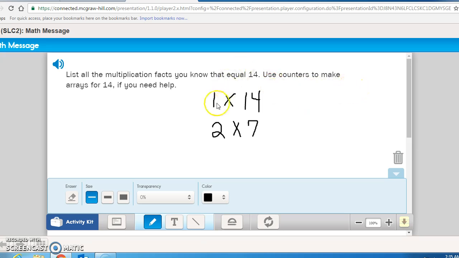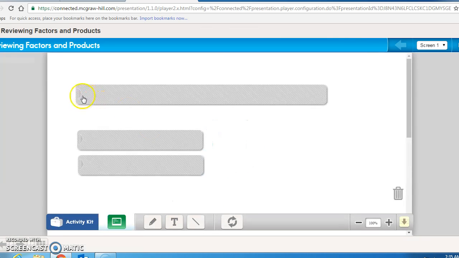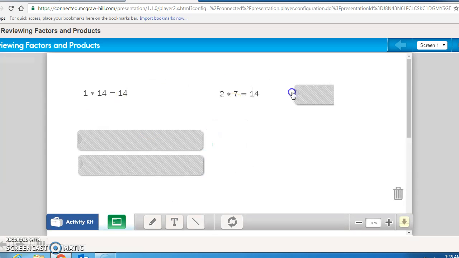Remember, the 2 numbers that we use to get 14 are called factors, and the answer itself, 14, is called the product. So 1 times 14 and 2 times 7 was 14.